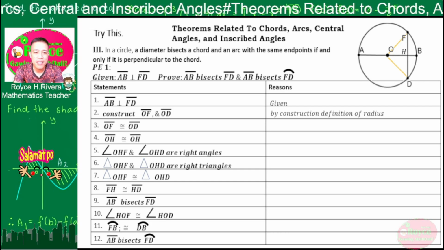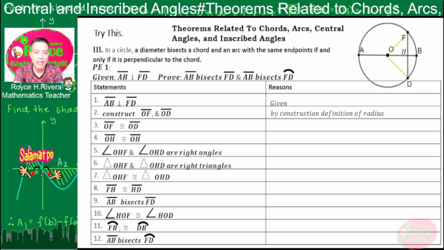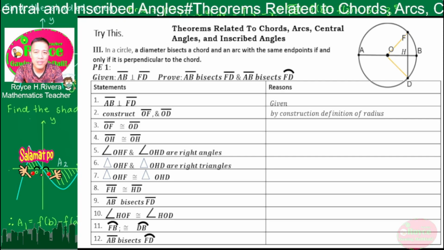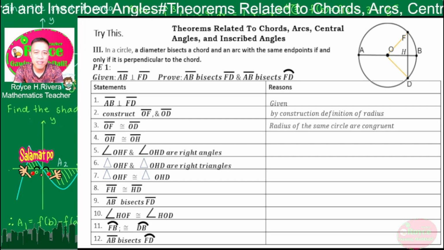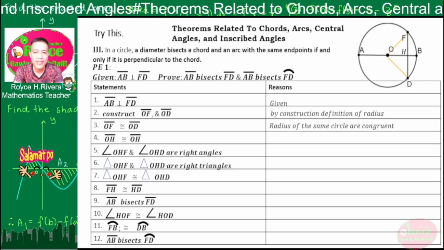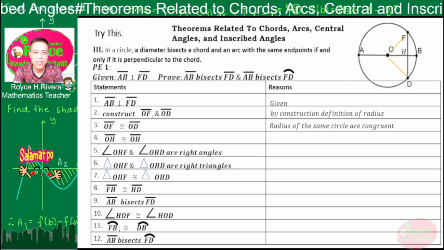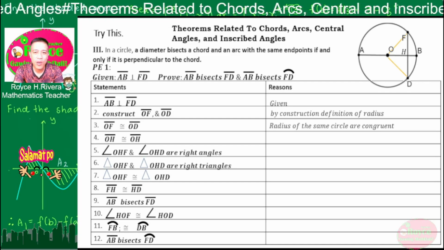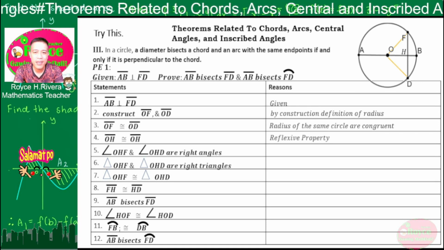Statement number 3. Radius OF is congruent to radius OD. The reason? Radius of the same circle are congruent. Statement number 4. Segment OH is congruent to segment OH for the reason reflexive property.